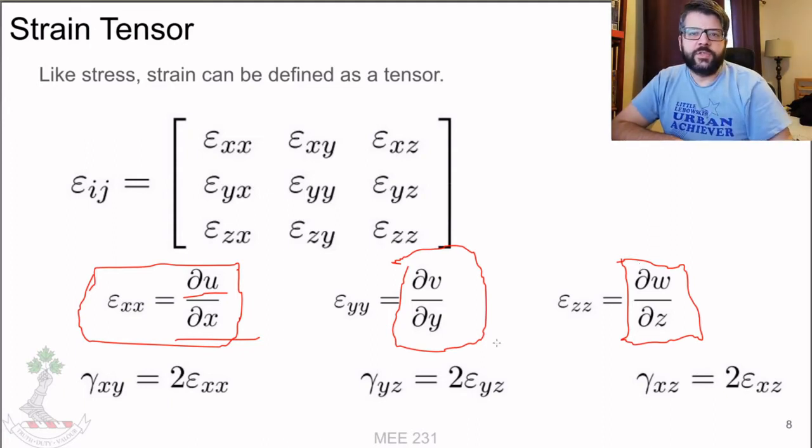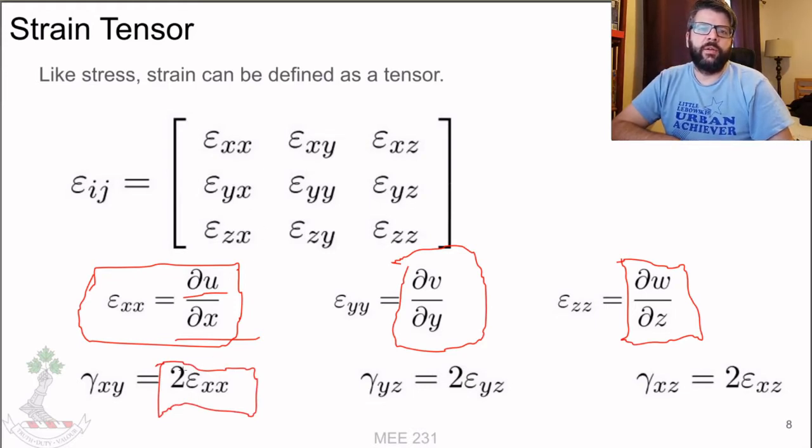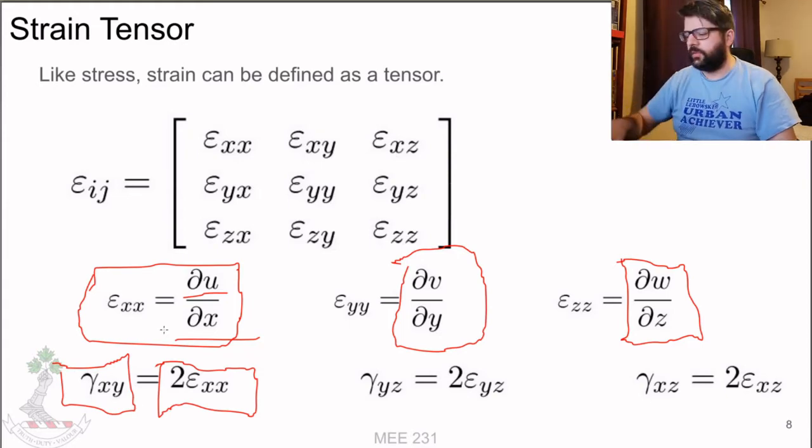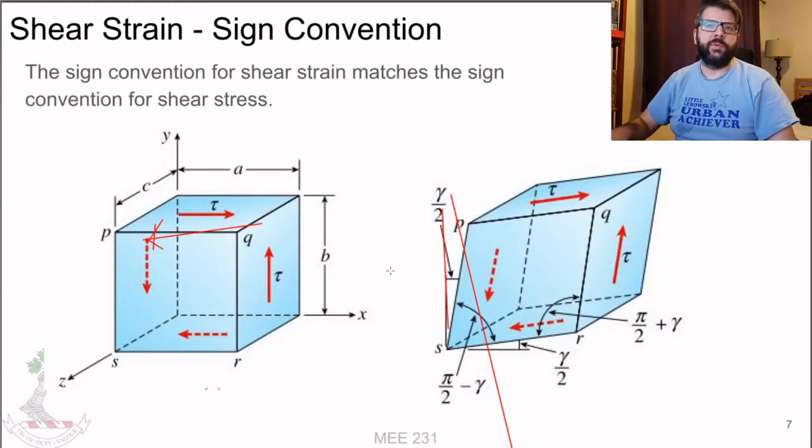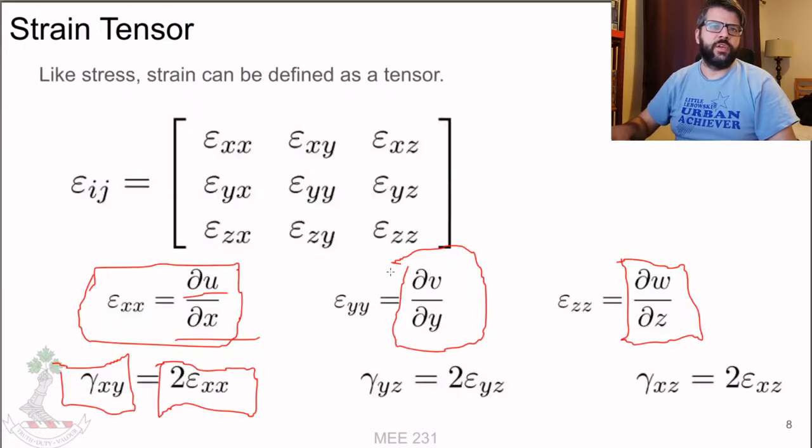For the shear strains, unfortunately, these values here are going to be essentially half of what we talked about here. So when we were talking about this, we were defining what we call the engineering strain.